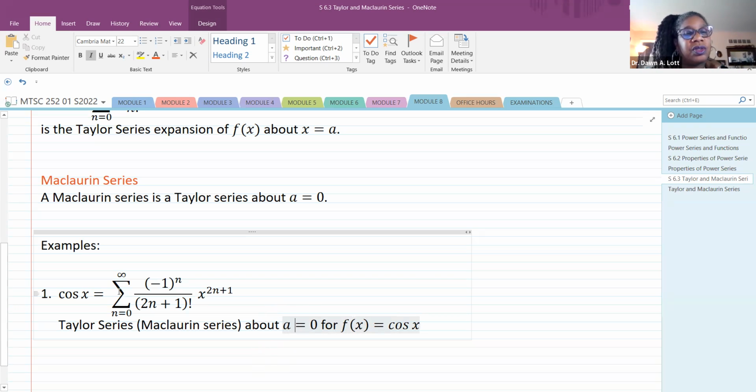So this is the Taylor series for cosine x. The cosine of x is the sum n equals 0 to infinity of minus 1 to the n plus 1, 2n plus 1 factorial, x to the 2n plus 1. And if you were to sum this thing up all the way to infinity, you would get cosine of whatever value you want. So that's the Maclaurin series for the cosine.